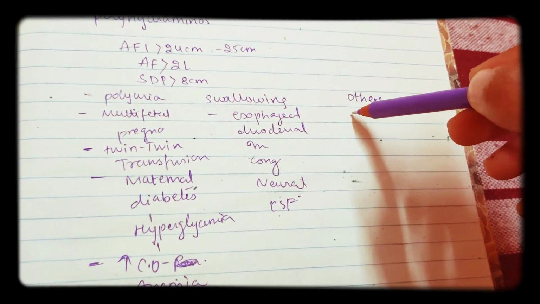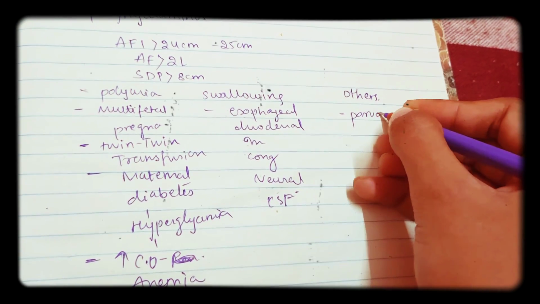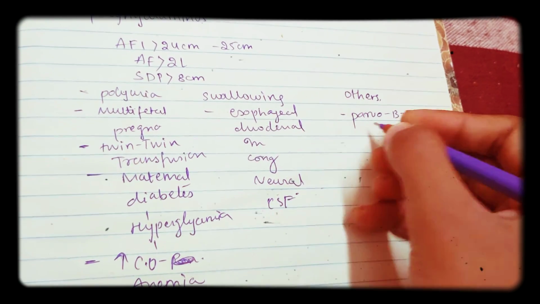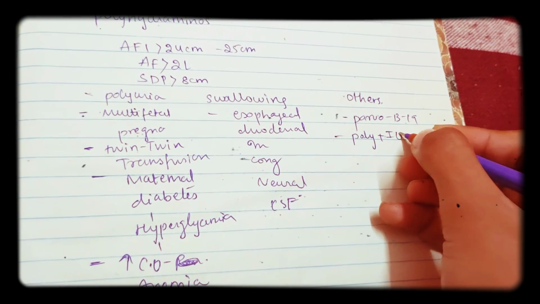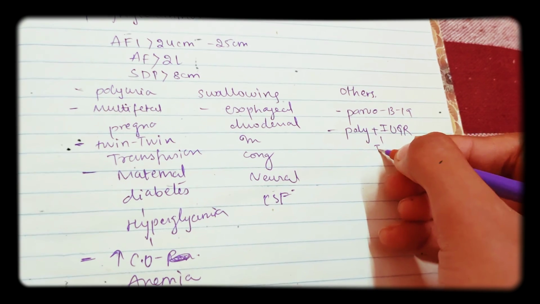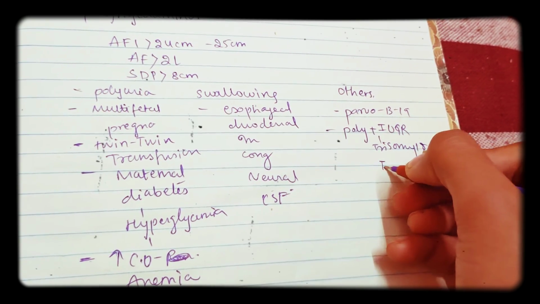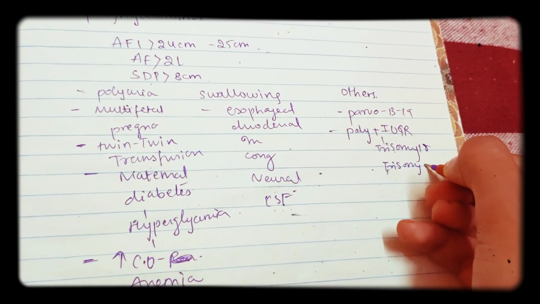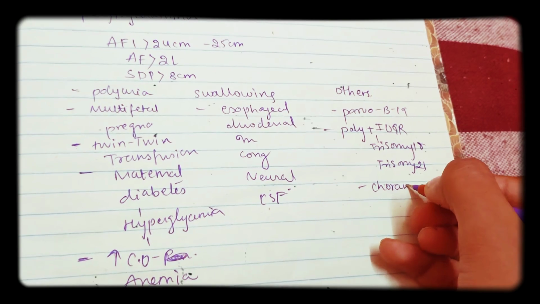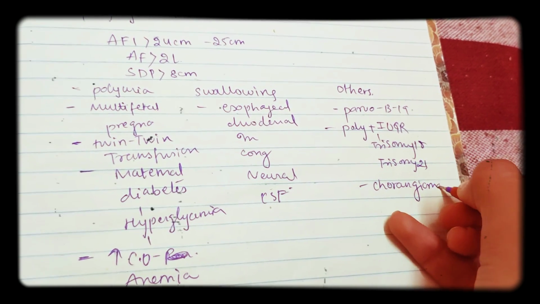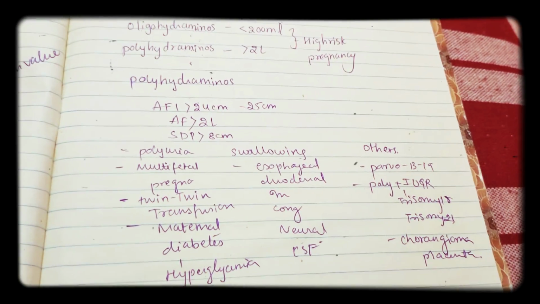Coming to other problems, you have parvovirus B19, and also polyhydramnios with IUGR, which is leading to trisomy 18; even trisomy 21 is another reason. And chorangioma of placenta. All these conditions lead to polyhydramnios.